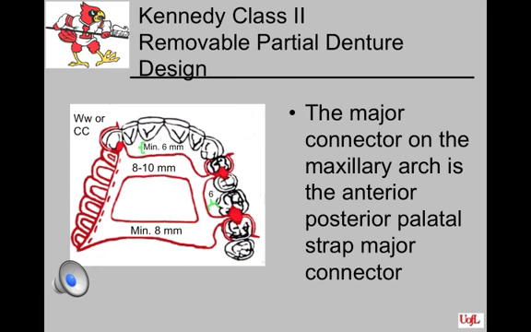Plus, I get a lot of help from that posterior strap of my major connector, which aids in both support and helps to avoid torquing on the abutment teeth. The patient will invariably use that clasp to remove the prosthesis, and the wrought wire gets out of adjustment too easily after multiple insertions and removals.